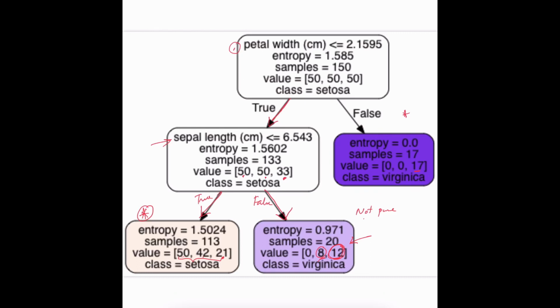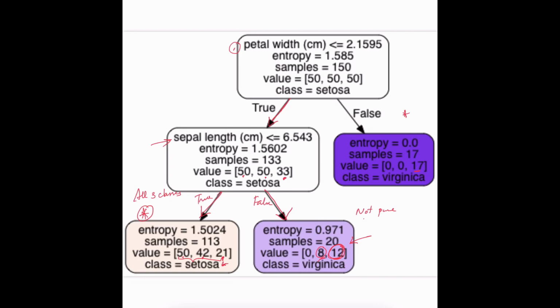On the left, it's worse because it has all 3 classes, and a significant number of all 3 classes: 50 from setosa, 42 from versicolor, and 21 from virginica. All are pretty populous in the sample space, and it's not really clear why we should predict setosa.